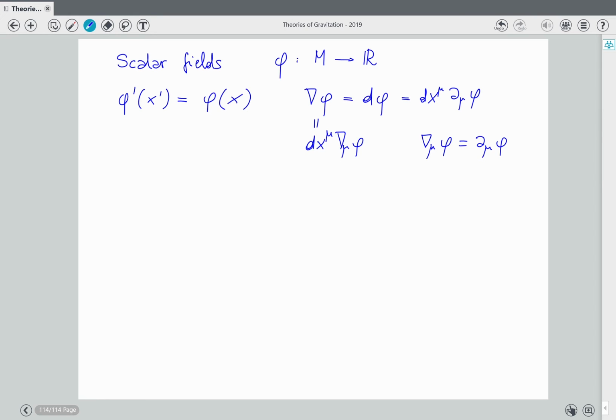What is the action for scalar fields coupled to gravity? An action is, well, there are infinitely many. Let me write the simplest one, which is the one we will meet many times. First I write it, and then I explain what it is.